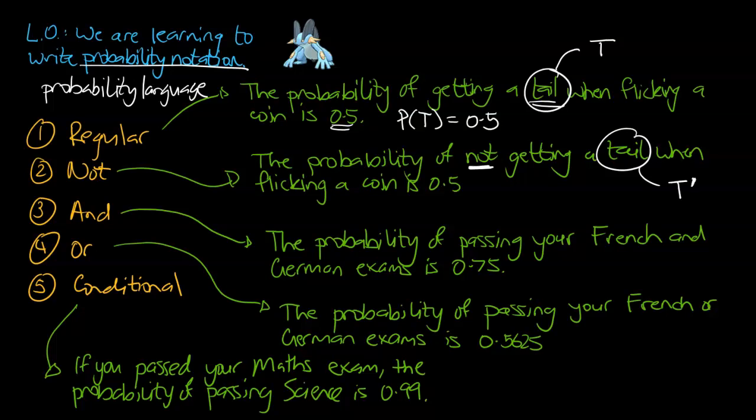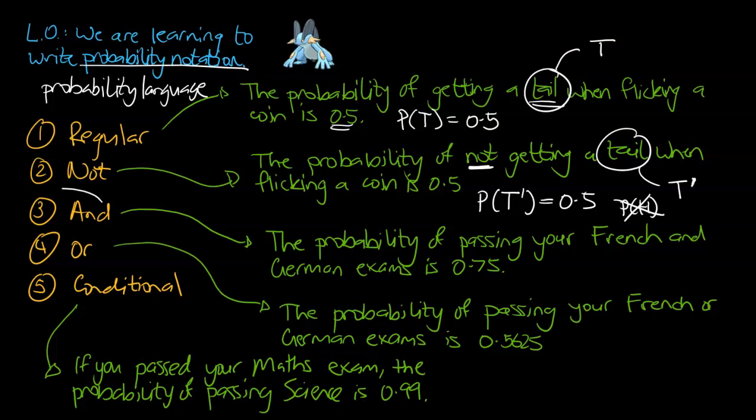So that T dash means not T. So the way we do this, the probability of not T, so T dash, is equal to 0.5. You probably could have got away with doing a probability of heads for that question because we know not a tail is heads, but based on the wording of the question, we're looking for not tails.